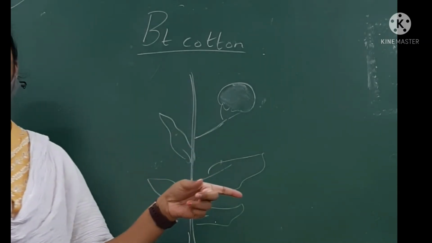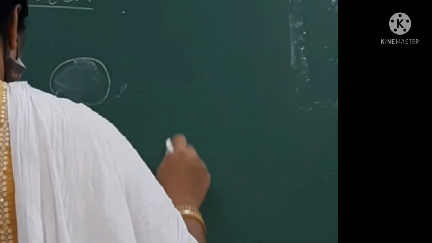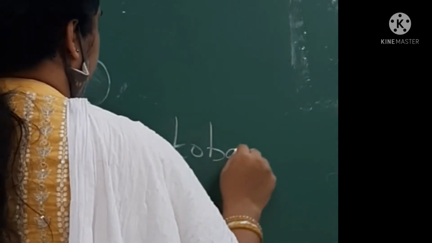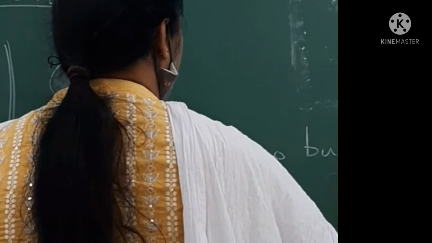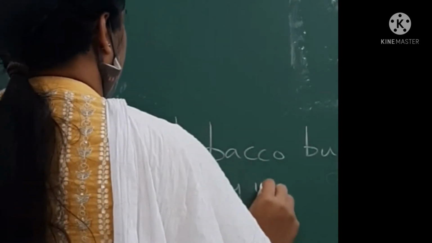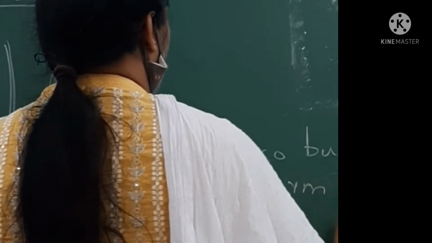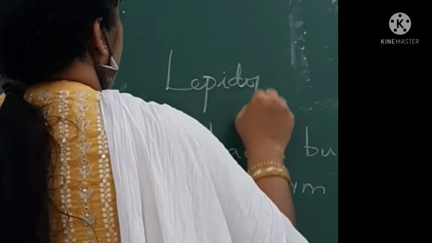Now this is a cotton plant. Nicely fluffy white cotton is supposed to come. But there are some insects that cause trouble. They have given here the heading Lepidopterans.